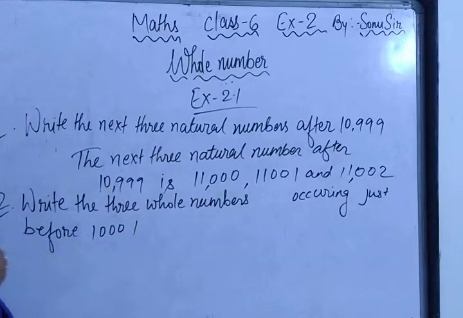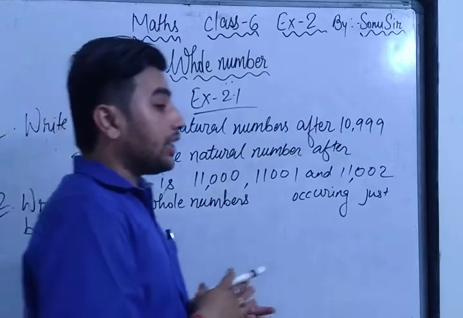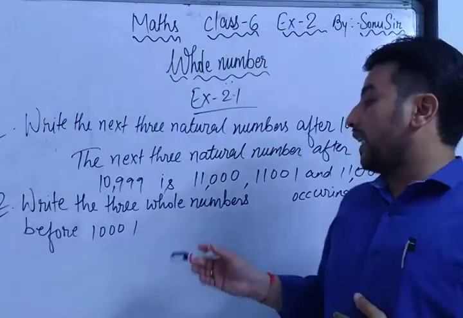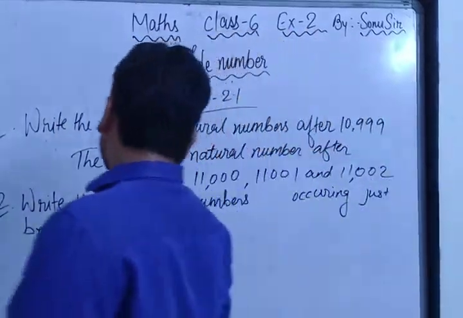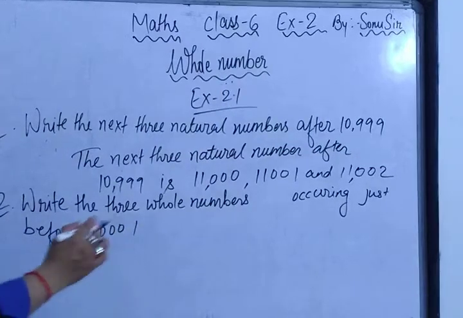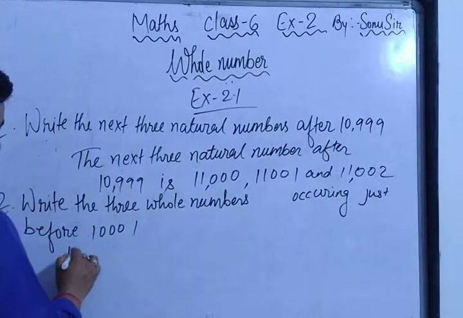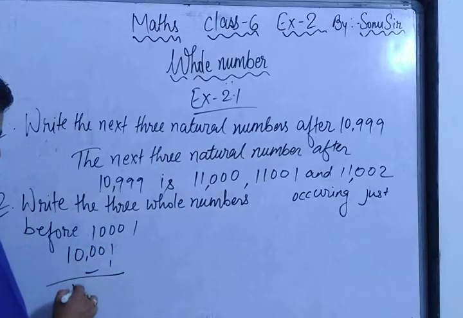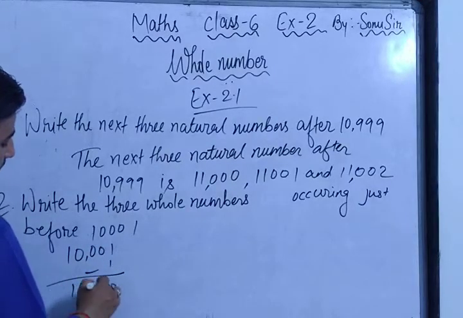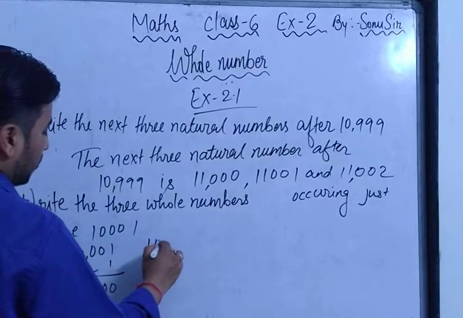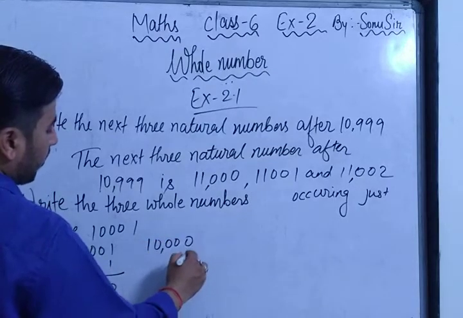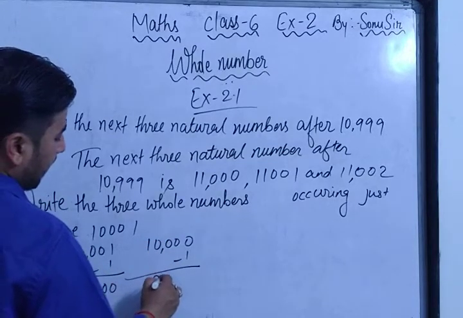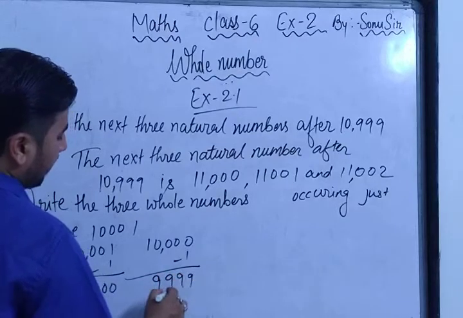Now tell me, what will be the 3 whole numbers occurring just before 10,001? We have to subtract 1, again subtract 1, and again 1. 10,001 is there. If you subtract 1, the answer will be 10,000. Again 10,000 minus 1 is 9,999.